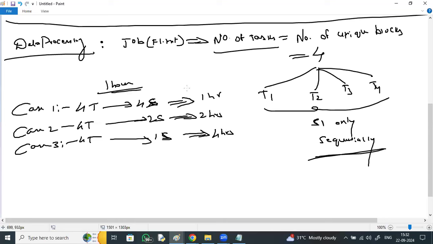What is your observation? If more slaves, more speed. If less slaves, less speed. If only one slave, it is going to execute sequentially.